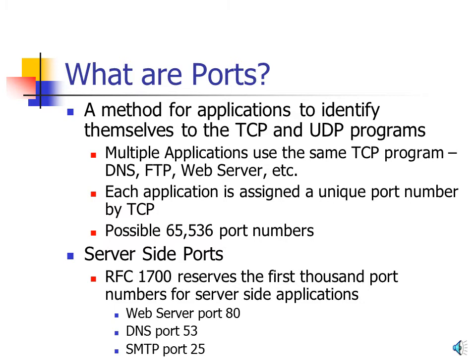This is done because when a web browser wants to send a packet to a web server, it needs to put in the destination port. And by standard, the web browser knows that the destination port for the web server is always port 80. Likewise, the mail server is port 25, and the DNS resolver is always sending requests to port 53 where it knows the DNS server resides.